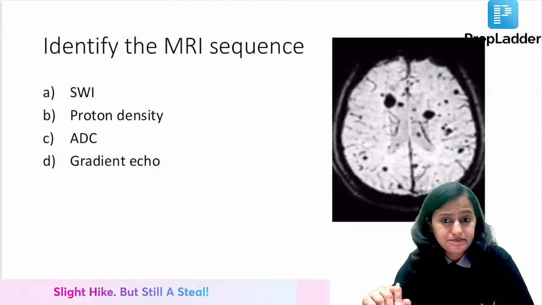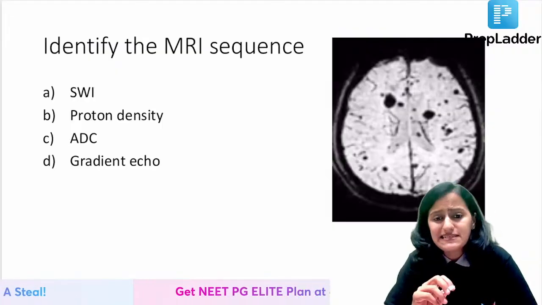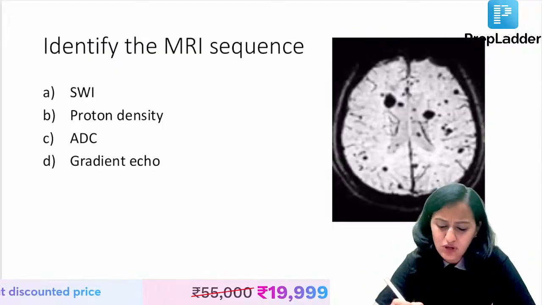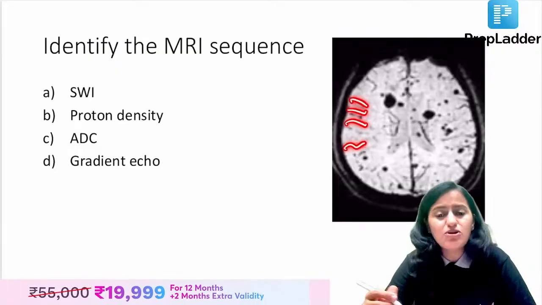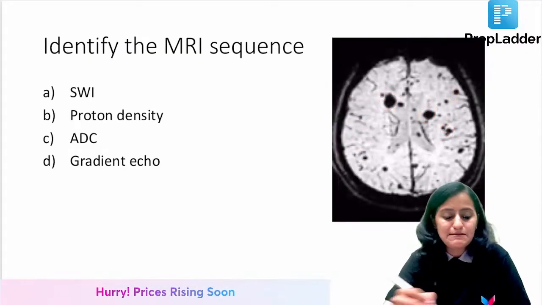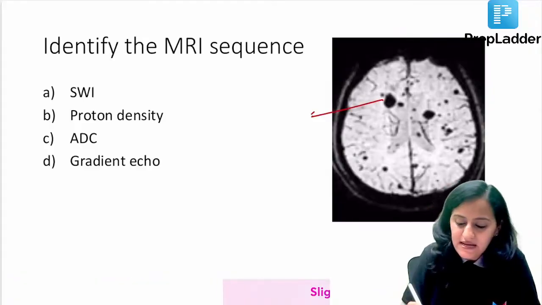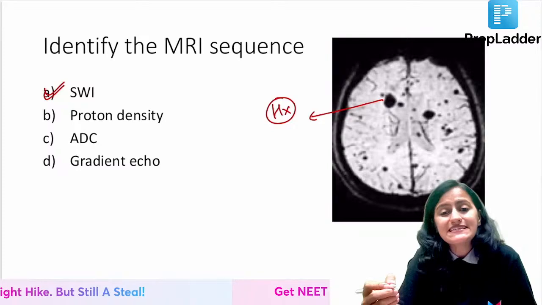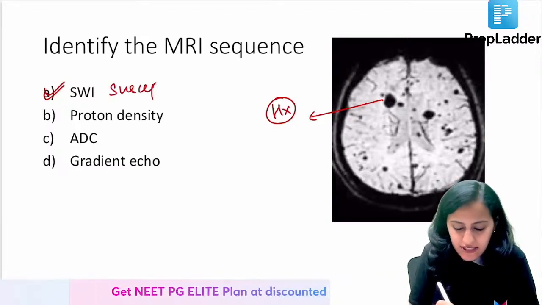Going to next one, identify the MRI sequence. In this MRI sequence, you are not able to differentiate the gray matter and white matter a lot, but you are seeing those deoxygenated blood containing veins, plus you are seeing these tiny black areas. All these are representing hemorrhage. This is SWI, susceptibility weighted imaging.